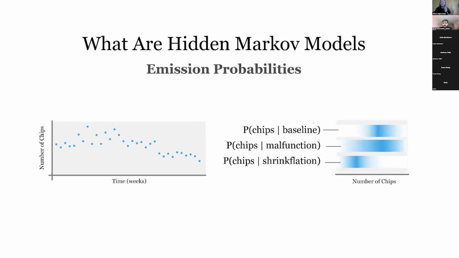But this is just to put into a mathematical representation what I was talking about before. If we're in our baseline, we have a slightly tight distribution around a certain mean. When we're malfunctioning, all of a sudden that distribution has much higher variation. And in our shrinkflation state, we're still a tight-ish distribution, but we've shifted down our mean.